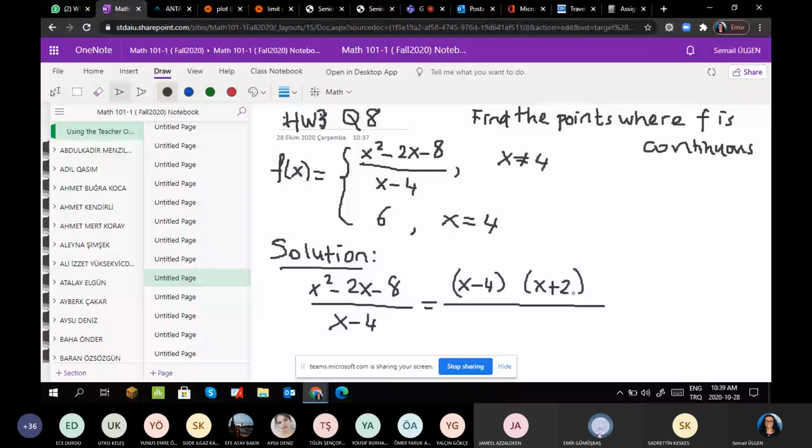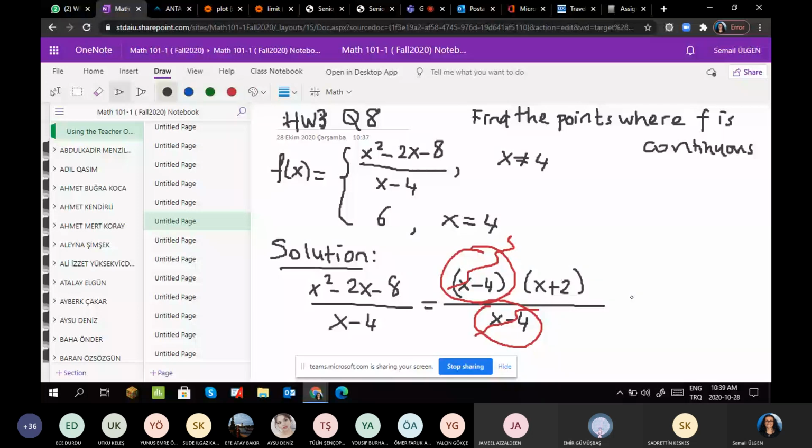Is this the right factorization? Yes, it is. Do you observe that these are the same, and actually if I want, I can cancel these, and if I cancel them, I get x plus 2.